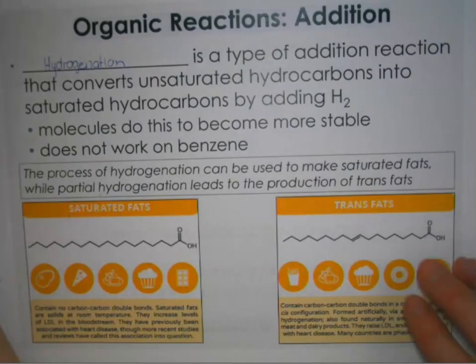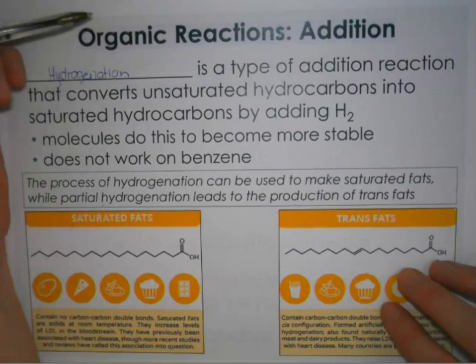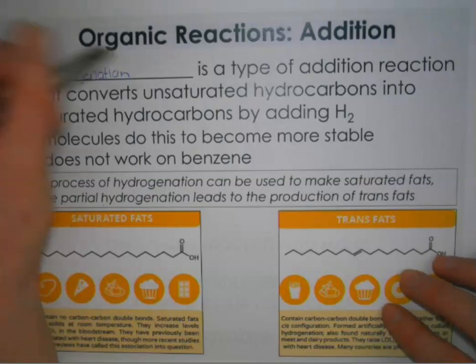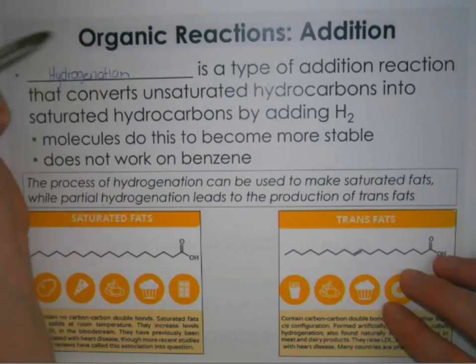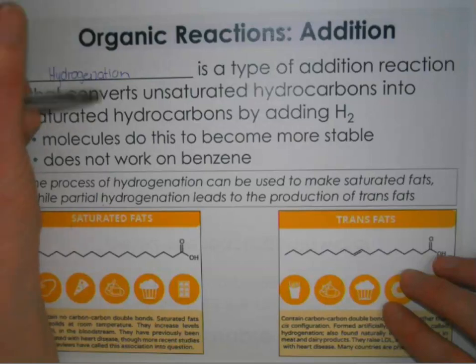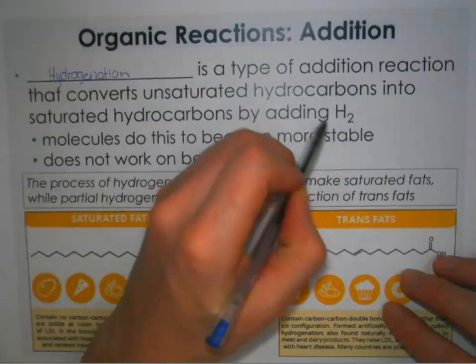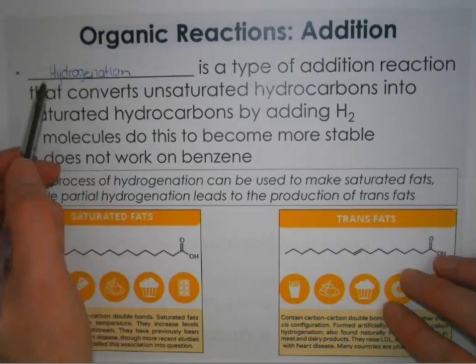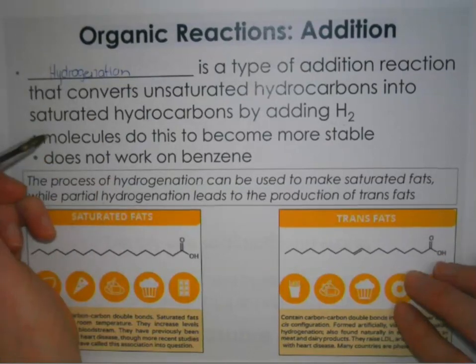Now, one special version of an addition reaction converts unsaturated hydrocarbons, so that's alkenes or alkynes, into saturated hydrocarbons by adding H2. Hydrogenation is like adding hydrogen, right? Molecules do this to become more stable.